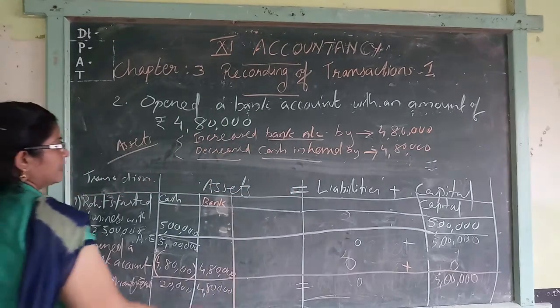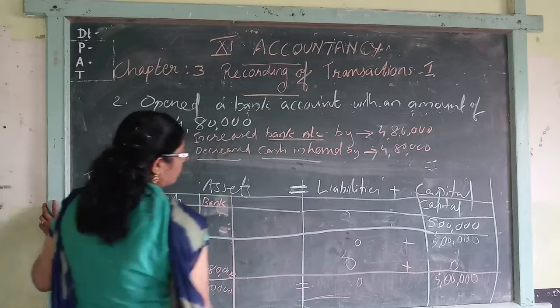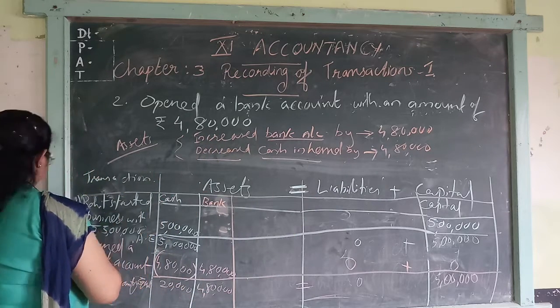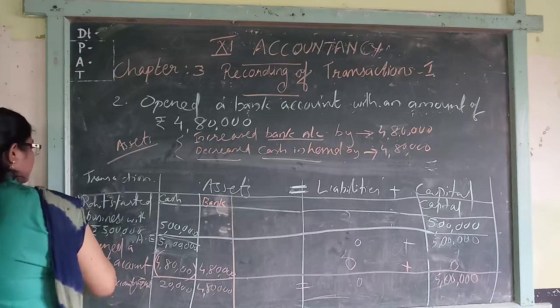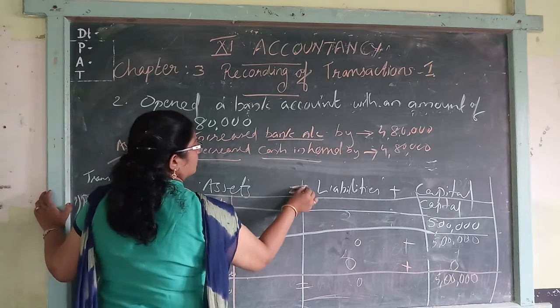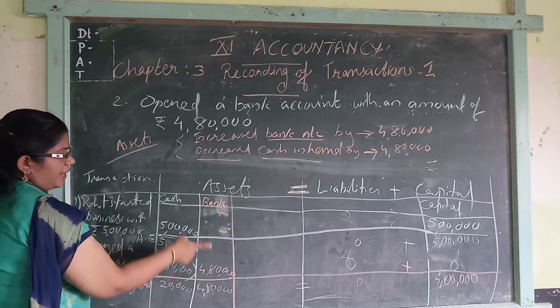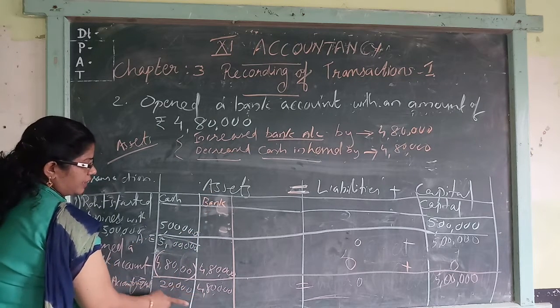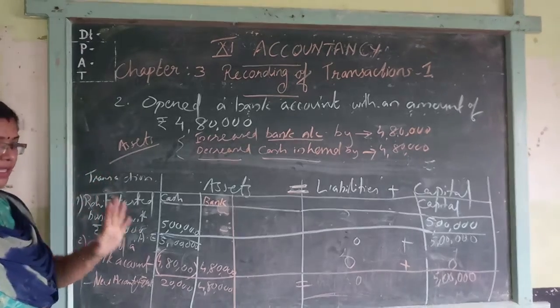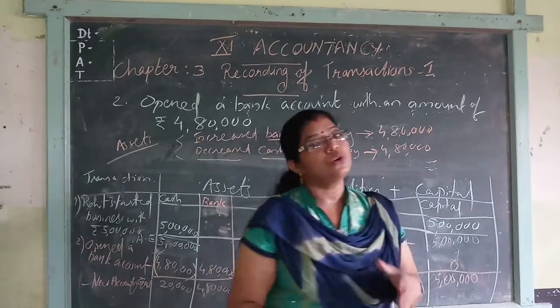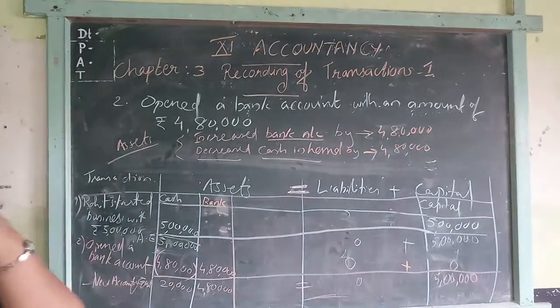So check it. 4,80,000 plus 20,000, both are assets, cash and bank. Take the total: 5 lakh is equal to liability 0 plus capital 5 lakh. So 5 lakh is equal to 5 lakh.